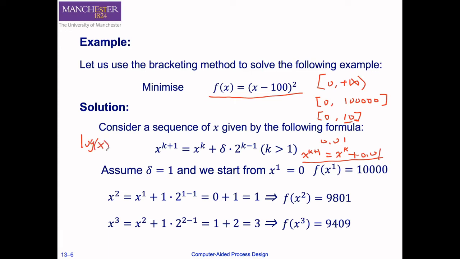So then we can use this function to find the point for the next iteration. That means the point at the next iteration will be equal to the logarithmic of the point at the current iteration.